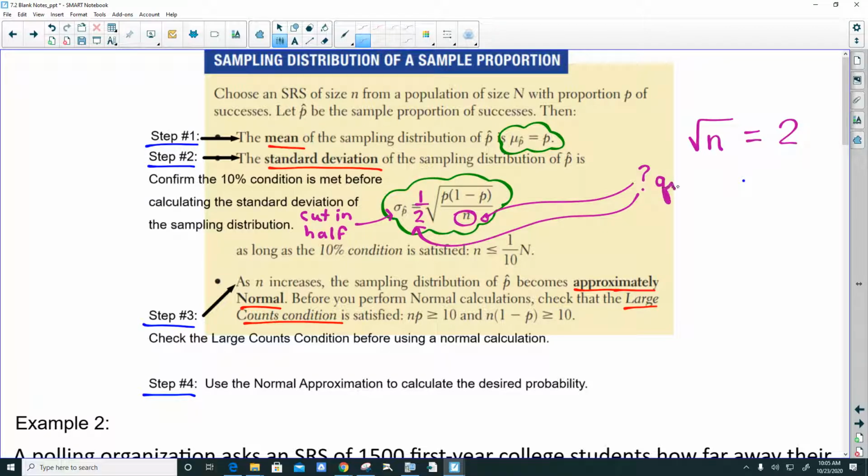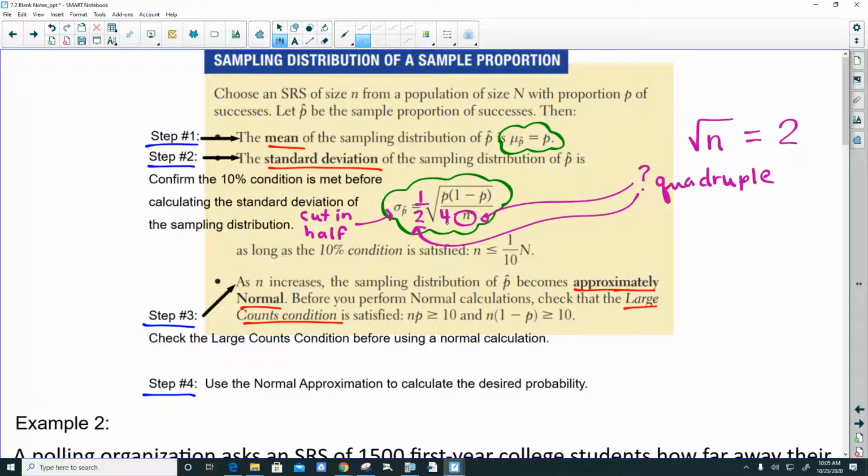Well, you would need to quadruple your sample size. That would need to be 4 times whatever your sample size is. That would put a 4 underneath the square root symbol, and so that creates a 2 in the denominator, essentially a 1/2, cutting your spread in half.